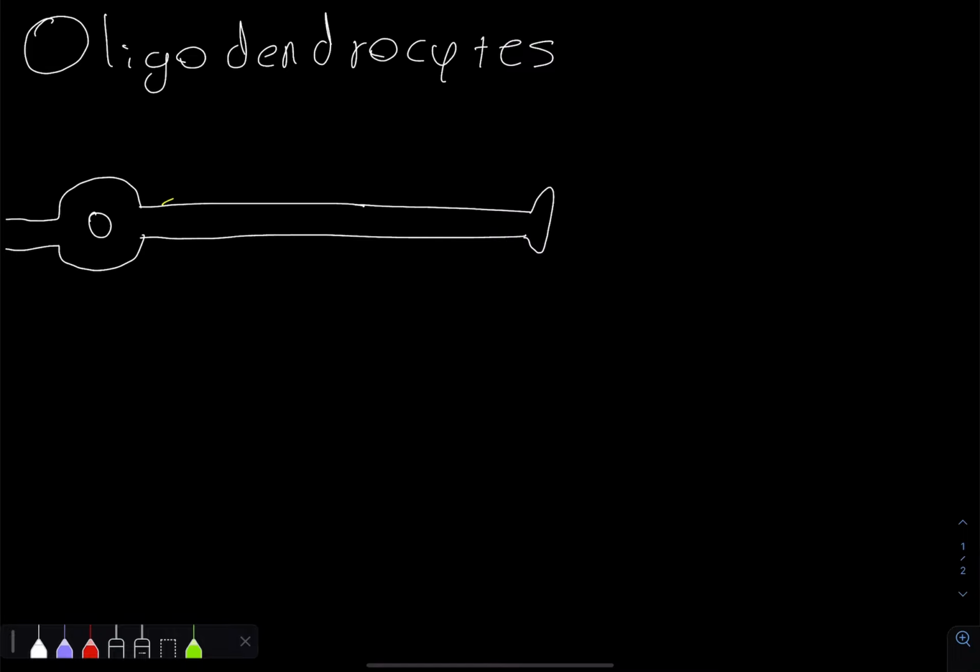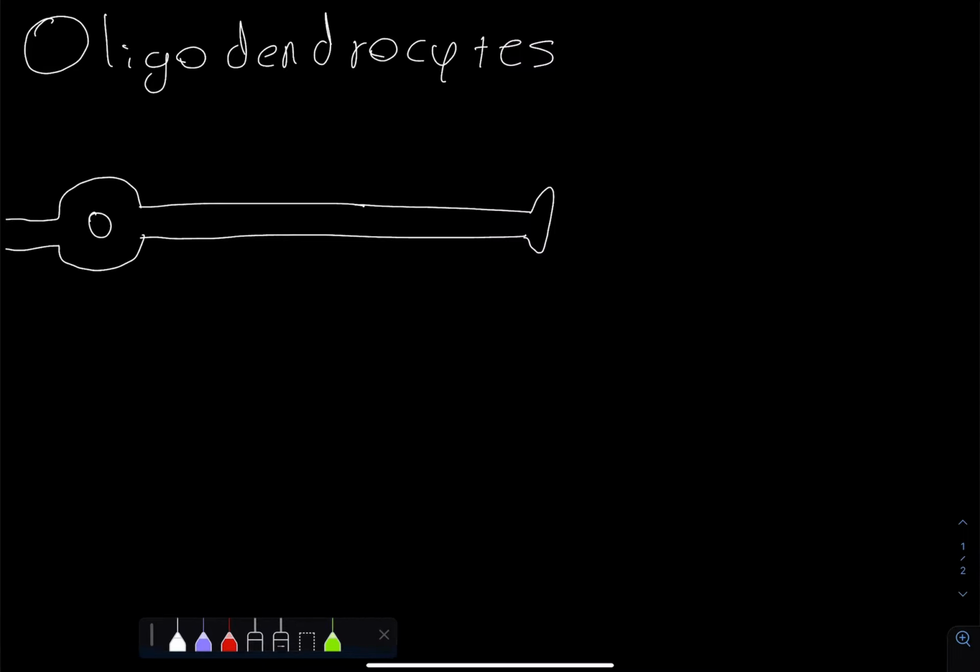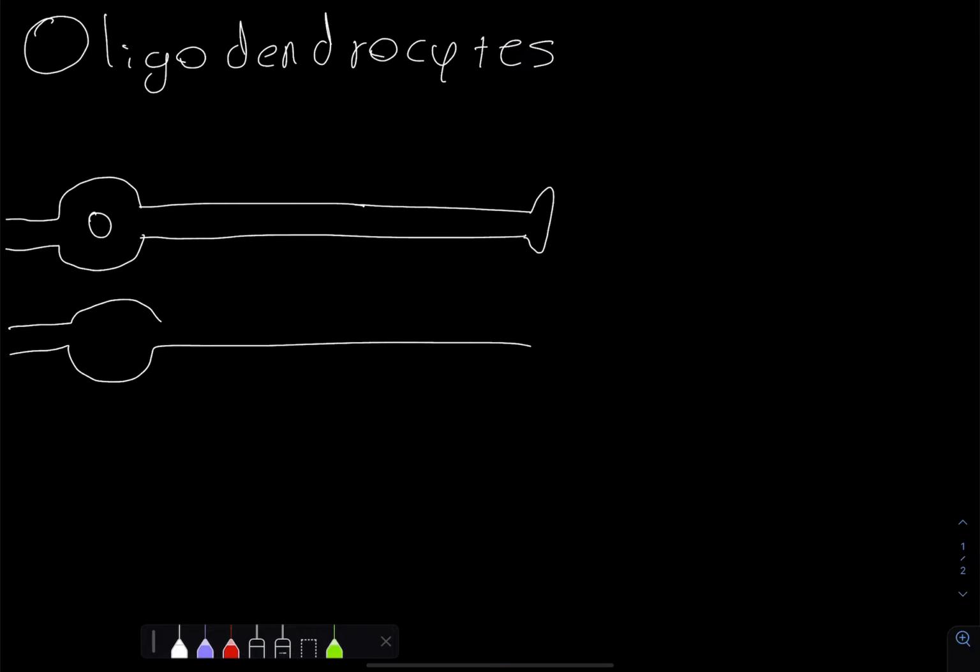Basically, these oligodendrocytes look like this. They come in, and let's say that we have multiple axons. We have this neuron, we have this neuron, and we have another neuron that's over here.